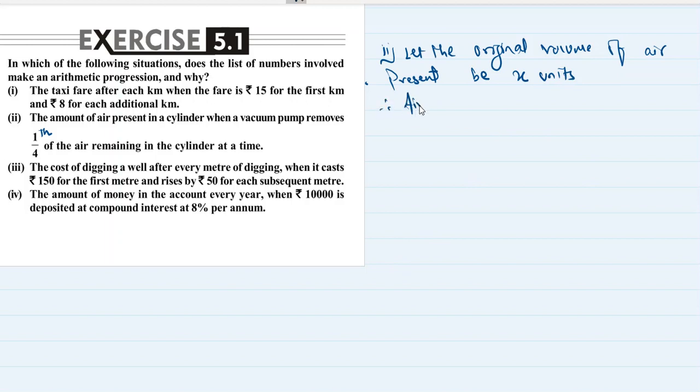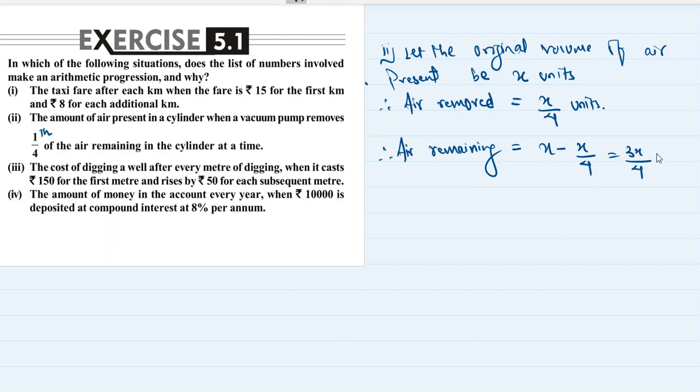Therefore, air removed is equal to x by 4 units. And therefore air remaining is equal to x minus x by 4, that is 3x by 4 units.